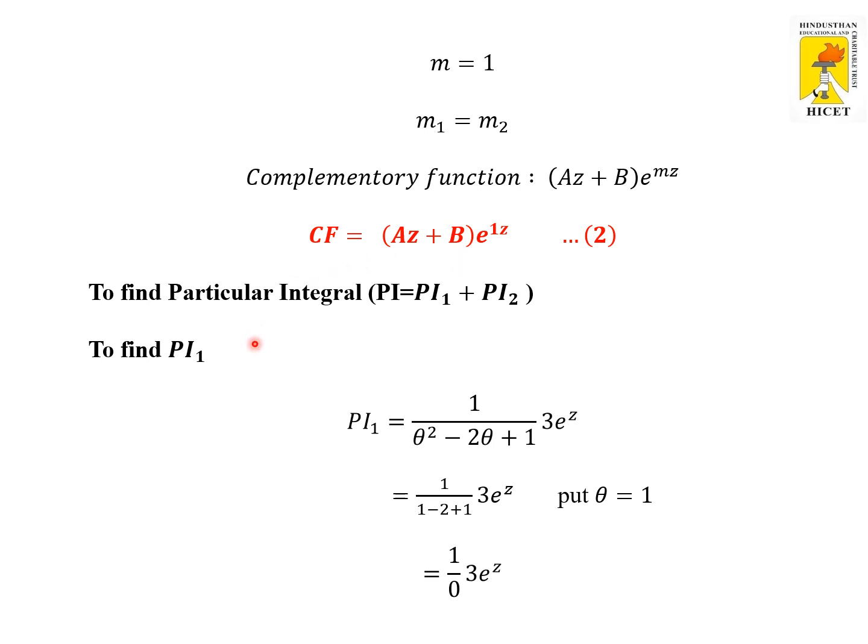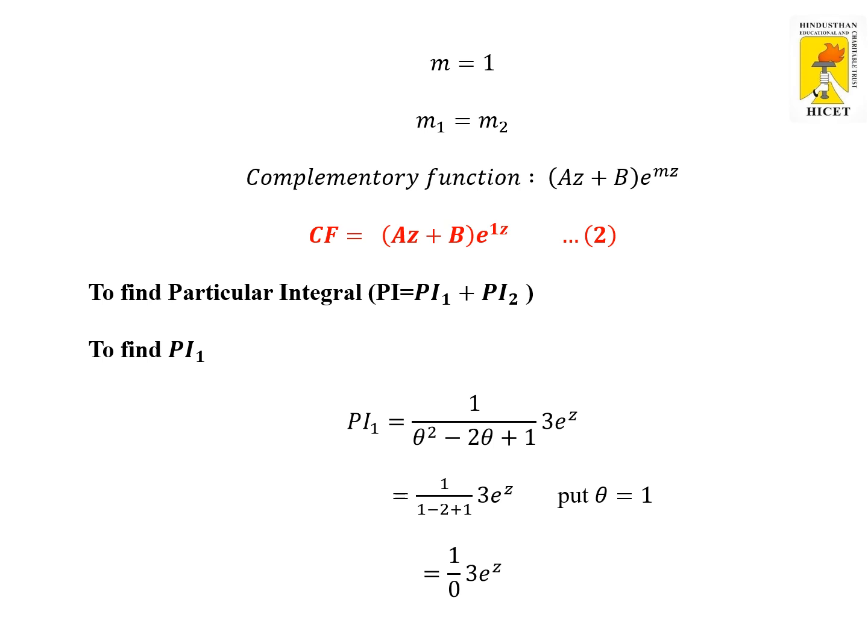Next we are going to find the particular integrals, PI1 as well as PI2. So let us find PI1: 1 by (theta squared minus 2 theta plus 1) into 3 e power z. So 3 e power z is case 1, type 1, e power ax. Directly replace theta by a. Here a is 1. So 1 minus 2 plus 1, 3 e power z. So we get 0 in the denominator.